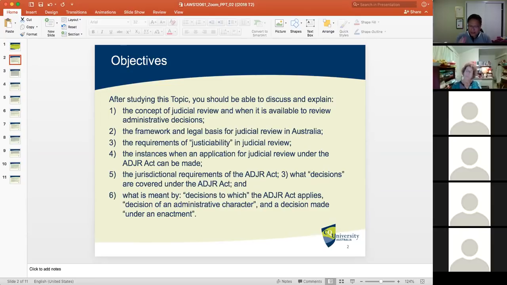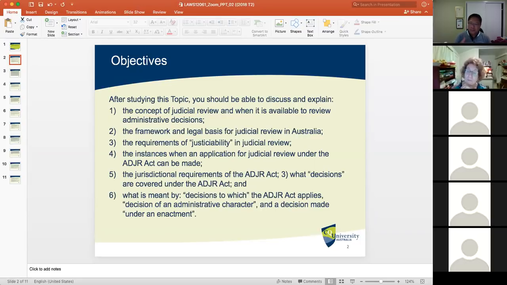Let's assume that the parliament passes a law, and it says that the decisions made by the executive cannot be reviewed by the judiciary in any event. Okay, so let's repeat.